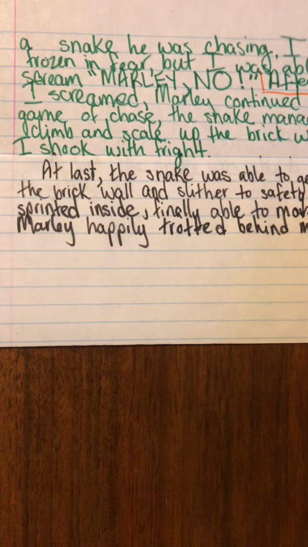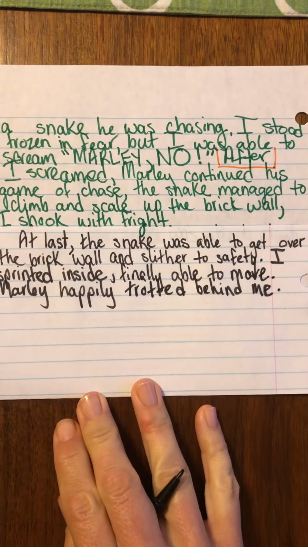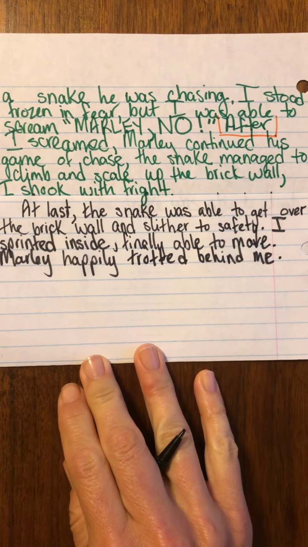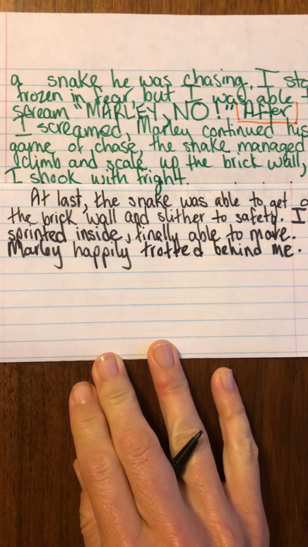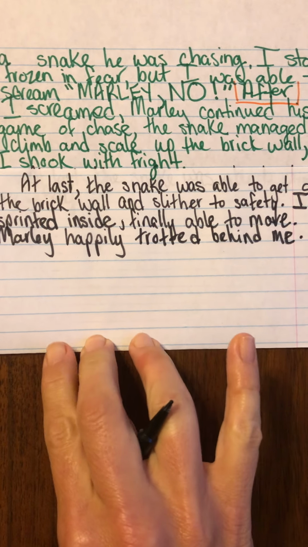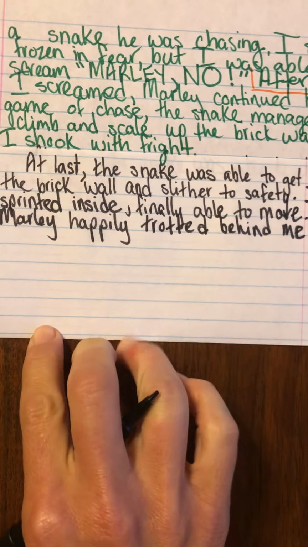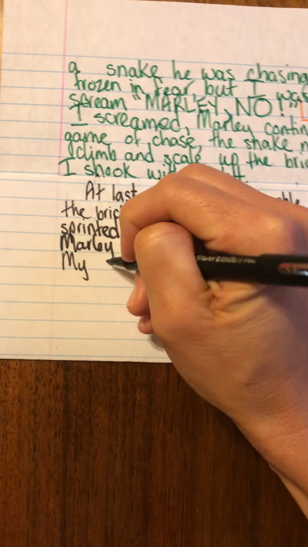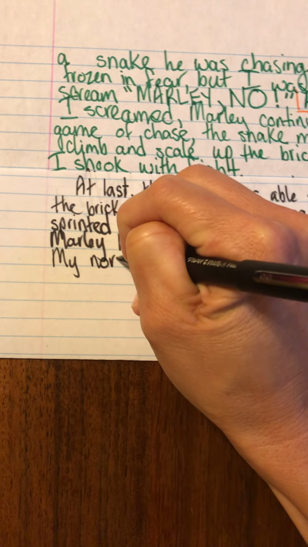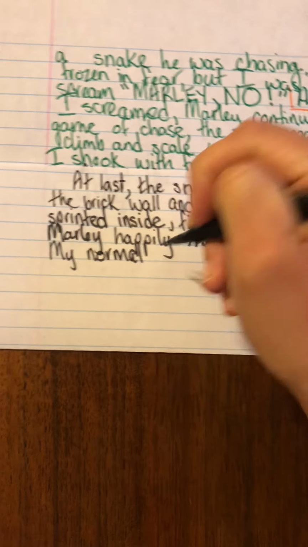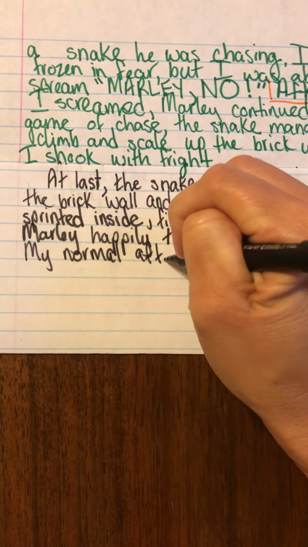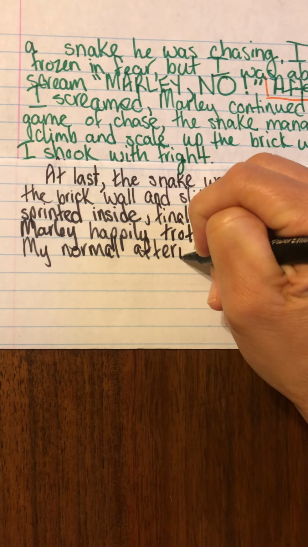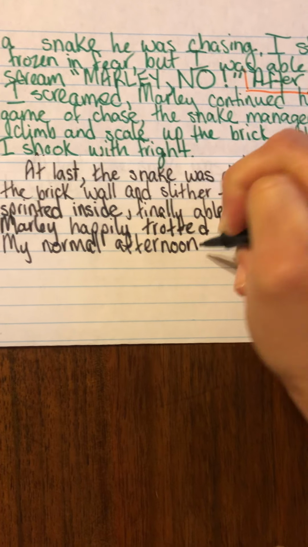Period. And so one last sentence that I could put to finally put an end to this piece, I'm not going to just put the phrase the end. We're going to move beyond that as first graders, almost going into second grade. So the way that I can just end this piece is my normal afternoon. Because remember, that's where the story had taken place.